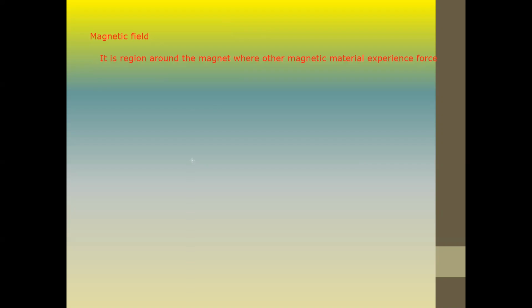For example, I have a magnet with two poles. One side is a south pole and the other one is a north pole.